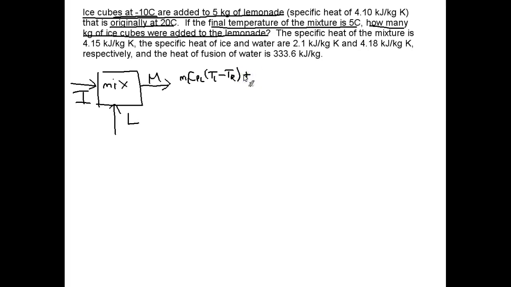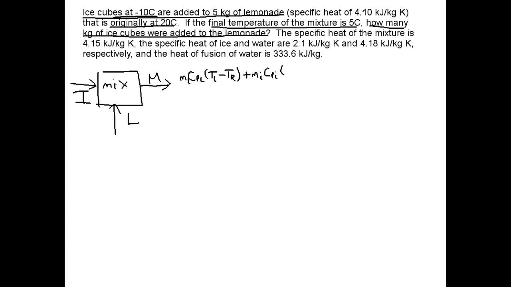Now we have the ice. So we have the mass of our ice, the CP of our ice, and the temperature of our ice. Now we have to think about this pretty carefully here because we don't have ice past 0 Celsius, but we know the final temperature of the mixture is 5 Celsius. So when we write the temperature of ice, we know we are starting with a certain temperature of ice, but then we can only heat it up so far until we no longer have ice.